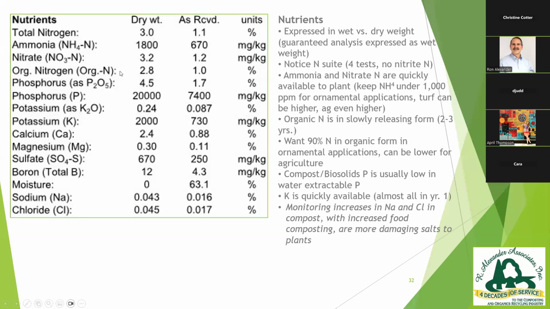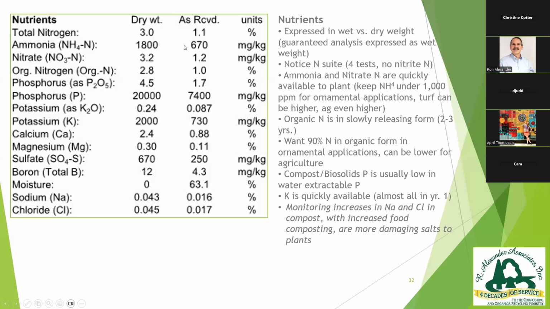So organic nitrogen, what I'm pointing out right now, is what we would typically call slow release nitrogen. And that slow release nitrogen will be released from the compost over really a 2 or 3 year period. Okay, that will slowly meter out. The ammonia based nitrogen, it can sometimes plume off, but if you take this material and incorporate it right into the soil, that ammonia will bind up into the soil and convert to nitrate and then organic nitrogen.